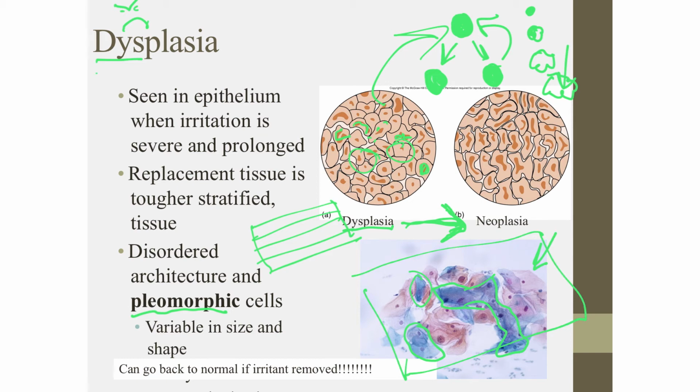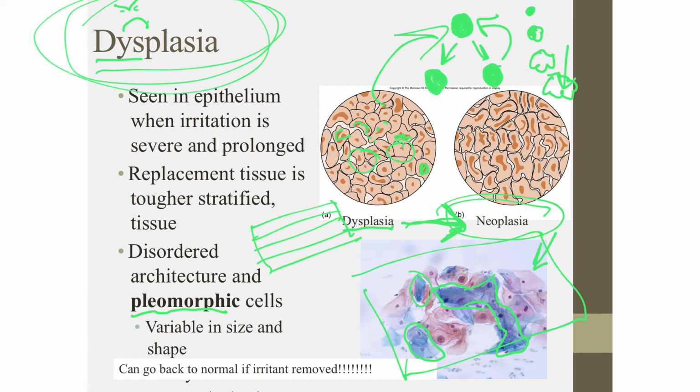So here's the deal. Dysplasia is really the last step where you can get reversible damage, reversible change. If the irritant is removed, dysplastic cells, because cells are always replacing, always growing, we can still see tissues return to normal. But once we get to neoplasia, we can no longer reverse that change.